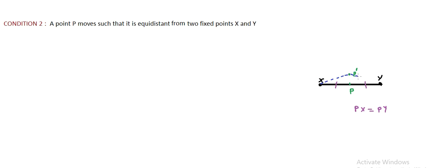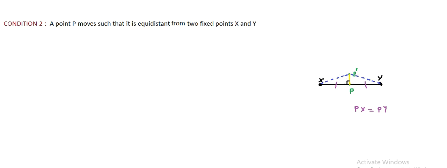Then what will be P dash X and P dash Y? Now what will be here? This will be 90 degree because this is a perpendicular line. So this will be 90 degree. So we have to check whether P dash X and P dash Y will be equal.